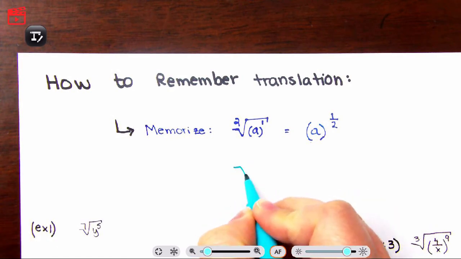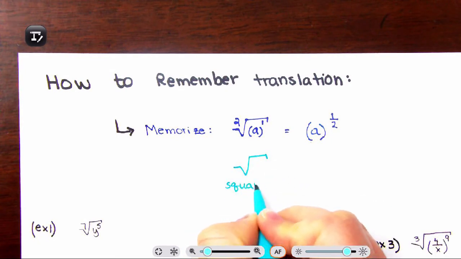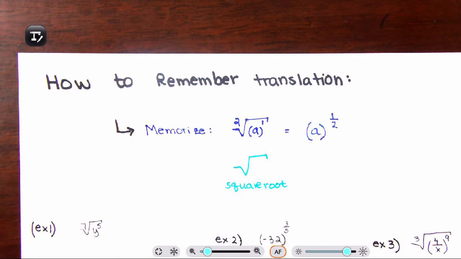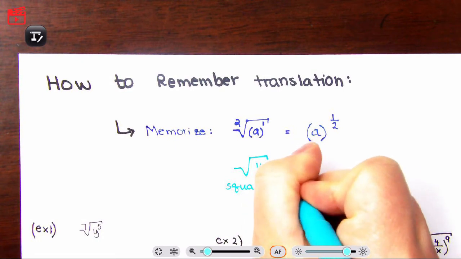Here's your square root. This is what we usually see. And we're thinking, for example, the square root of 4. What is the square root of 4? The square root of 4 is 2.